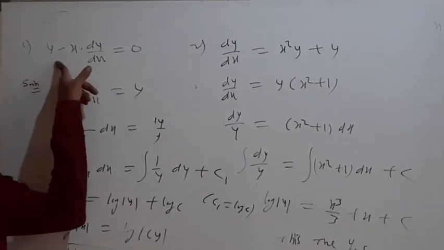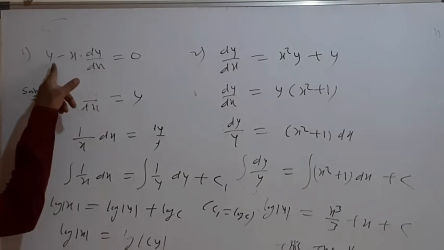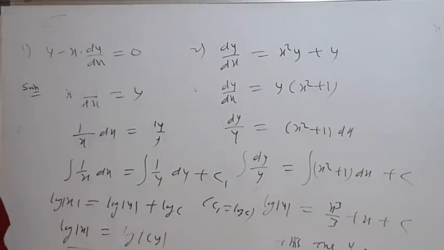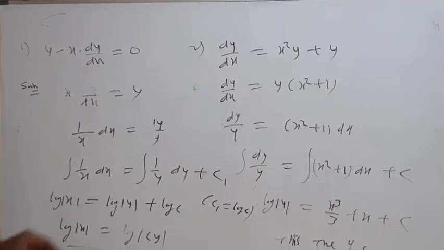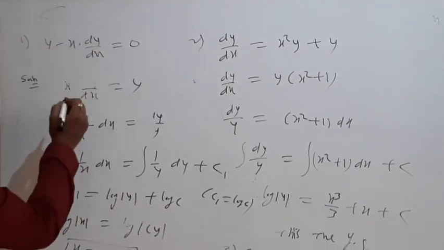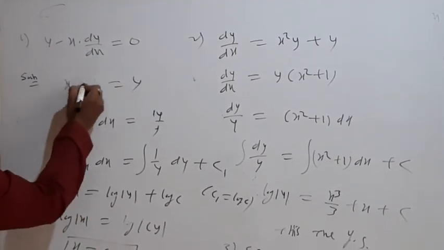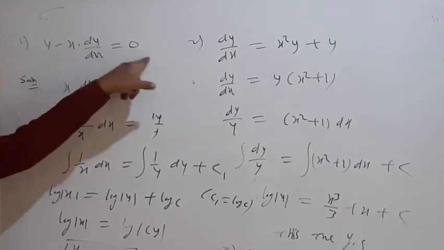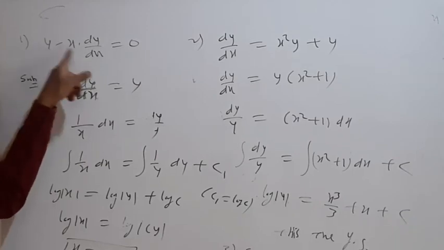Solve the differential equation y minus x into dy by dx is equal to 0. Okay. Y minus x into dy by dx, this can be written as x into dy by dx is equal to y, transferring minus to plus.